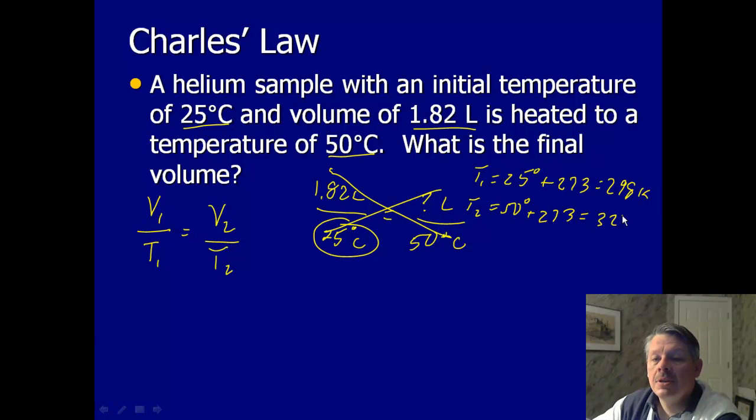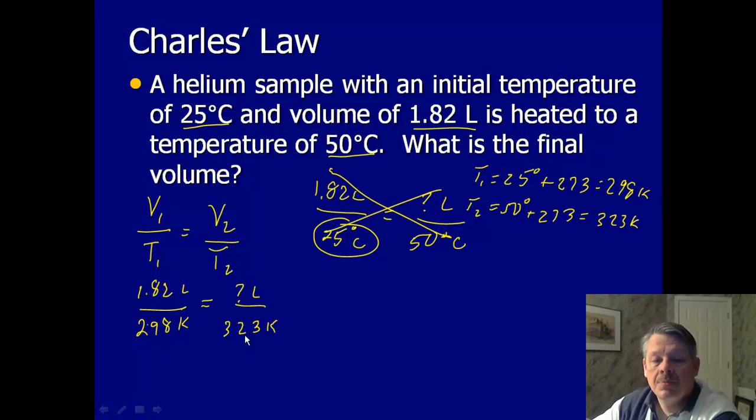So that's going to give us 323 Kelvin. Now we can do the problem. So now we say 1.82 liters divided by 298 Kelvin is equal to some number of liters over 323 Kelvin.